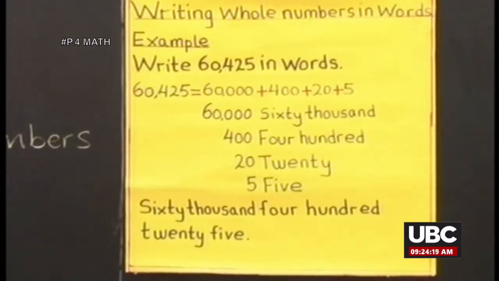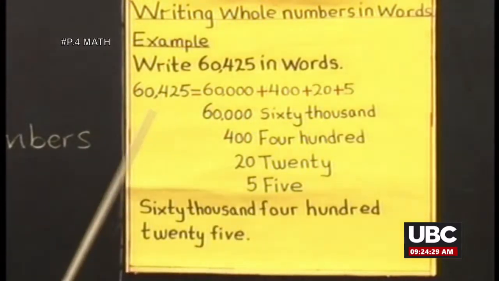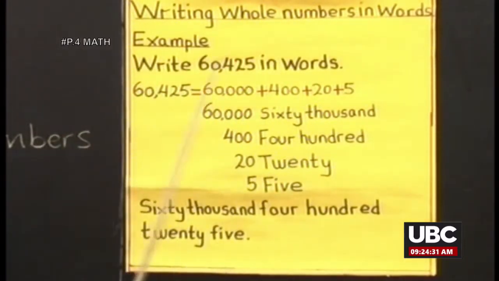How do we write 20 in words? This is the figures, 20, and then the word. And then we write 5 as F-I-V-E. After you've done that, come down and write it as one sentence.